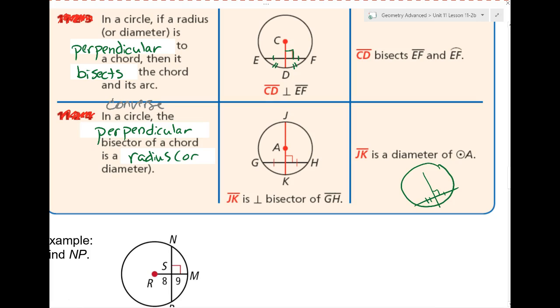So couldn't I just draw another chord? Couldn't any carpenter in that time frame draw another chord and then draw the perpendicular bisector of it? Where would they intersect? There you go. You don't have to have fancy tools to find the center of a table or anything like that. This is probably what people used, until basically the last 50, 60 years, to find the center of round objects.